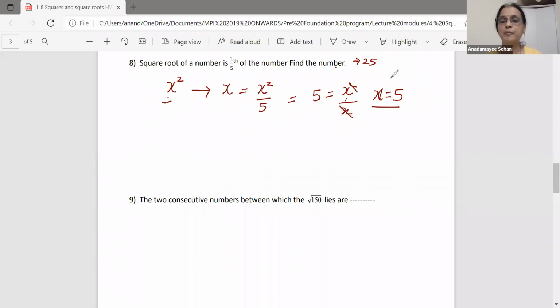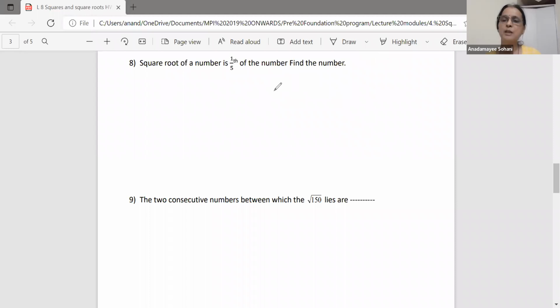And the third method now, still more smart. If we understand the meaning of square root, suppose a is my number and its square root is root a. So what is my number? Root a into root a. Understood?